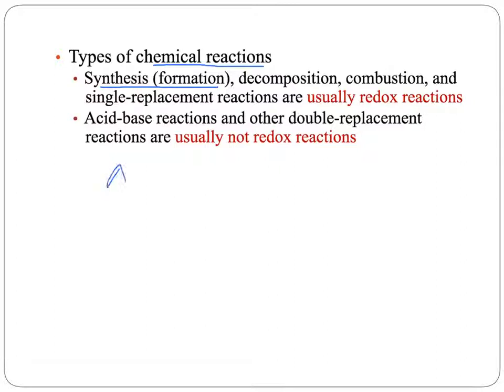So you have element A, and you add that to B, and you end up with a compound that's A and B, and that's a formation or synthesis reaction. And then you have a decomposition, which is when you start with that compound and end up back with the elements, sometimes all the way down to the elements, sometimes not, but it still counts as decomposition when you break things down.